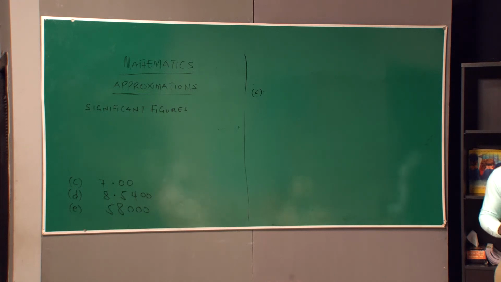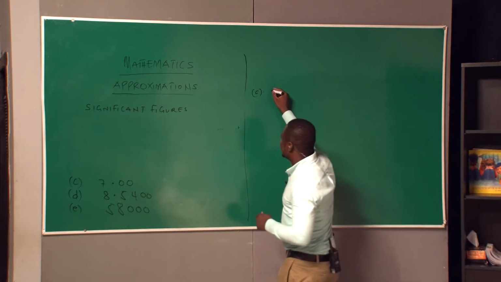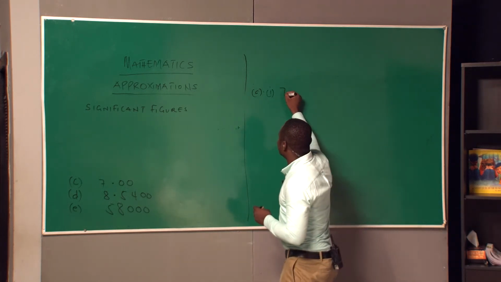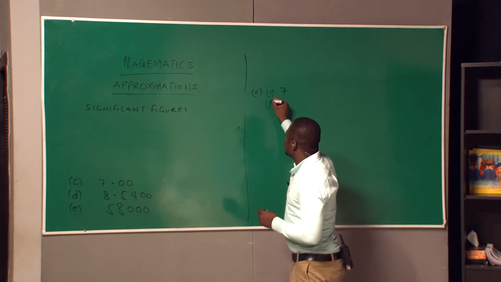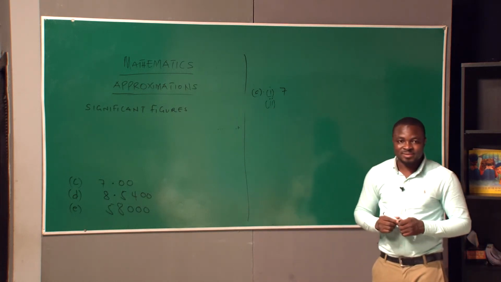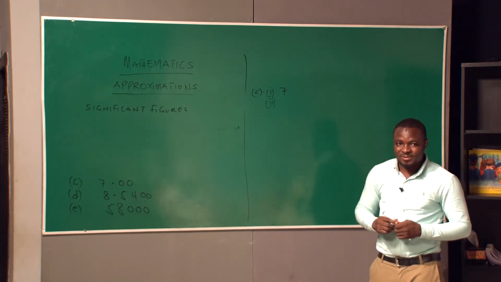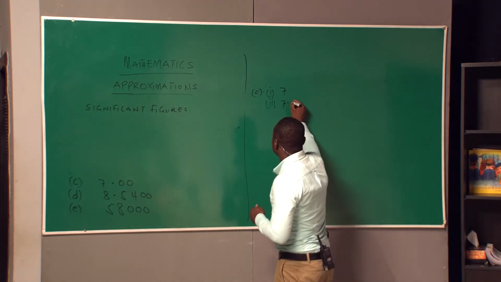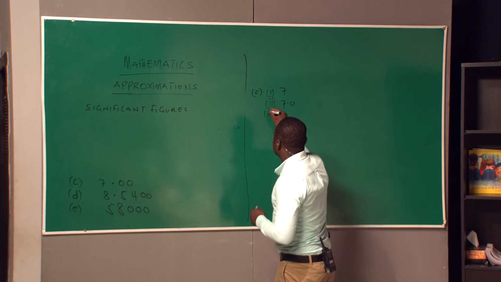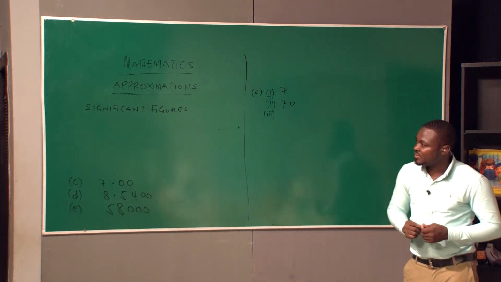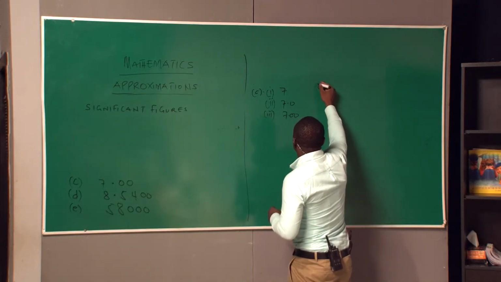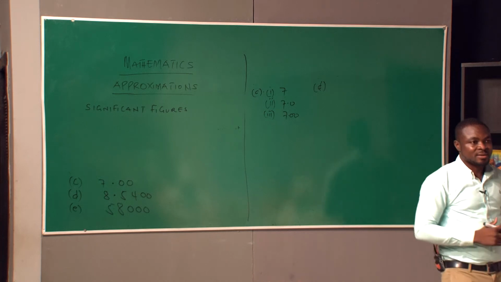Yakubu, to one significant figure, how do you do it? Just 7. Samira, two significant figures. 7.0. Asifa, three significant figures. 7.00. That's very good. Then D, Hikma.